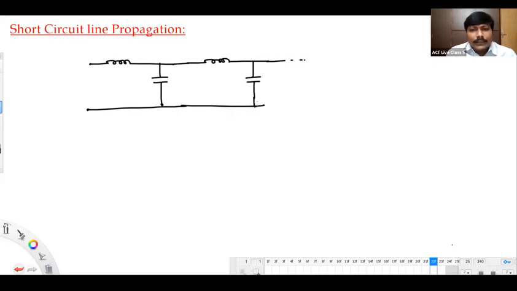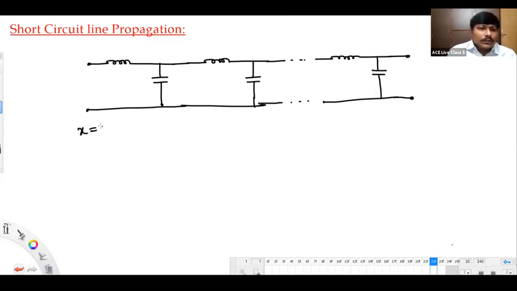This is the point x equals 0, and this is the point x equals L. And I'll say that we have a voltage source V, and the switch is going to be closed at time t equals 0 plus.